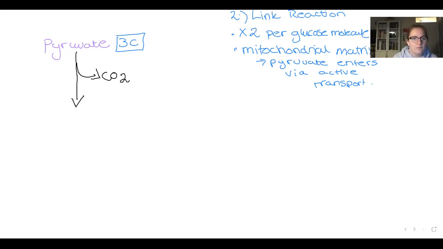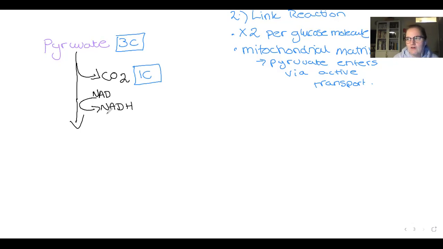So pyruvate is a 3-carbon molecule, and pyruvate is decarboxylated. So it has its carbon dioxide removed. And again, I'm going to put my carbons on. It is a 1-carbon molecule. Our pyruvate is decarboxylated, and it is also oxidized by our NAD, and we form NADH, so reduced NAD.